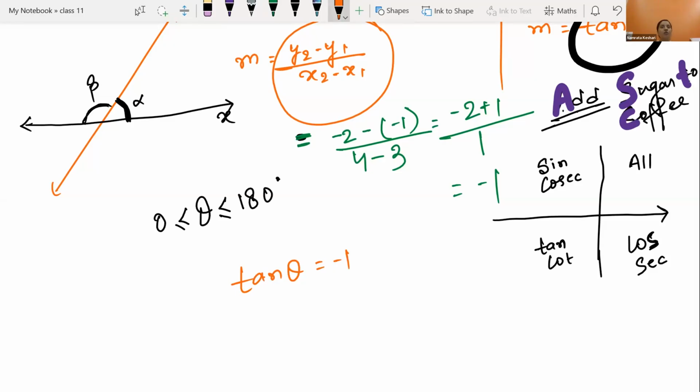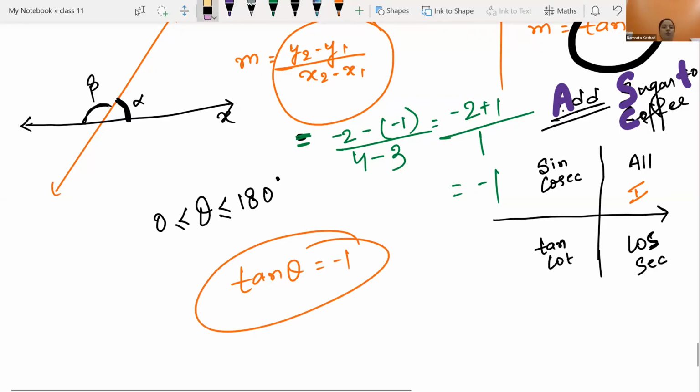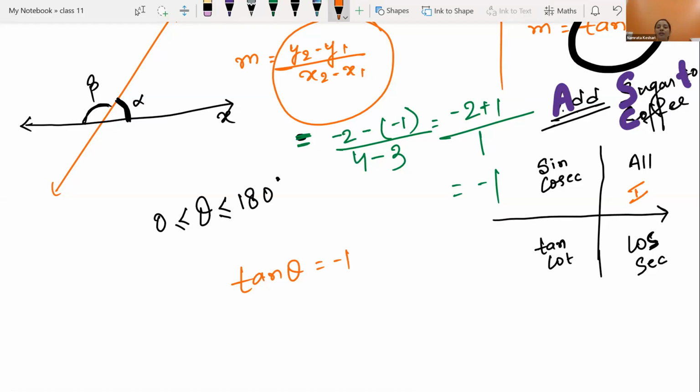Because just now we have learned a formula that in the first quadrant all the trigonometric ratios are positive, so how can this tan be negative in the first quadrant? So it will not be in the first quadrant, maybe it will be in the second quadrant. That means 90 plus theta. This theta, maybe it will be in the second quadrant. Is it making sense? Yes, ma'am.